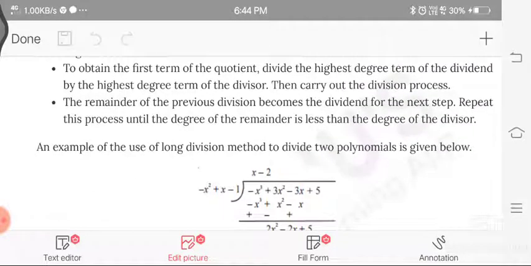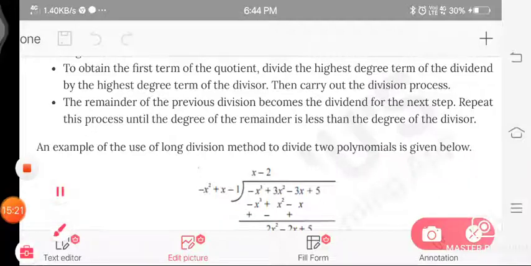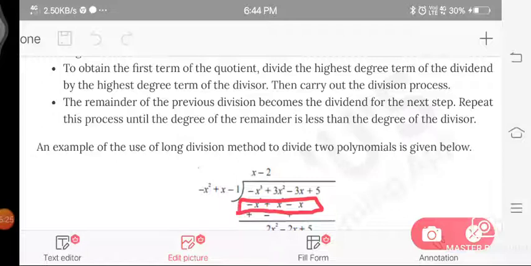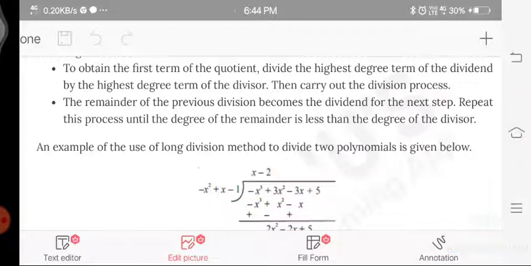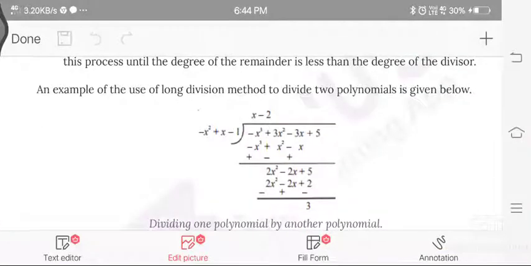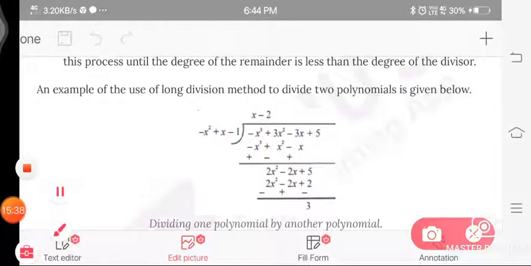The remainder of the previous division becomes the dividend for the next step. So we get this remainder, and this will be the dividend for the next step. Repeat this process until the degree of the remainder is less than the degree of the divisor.